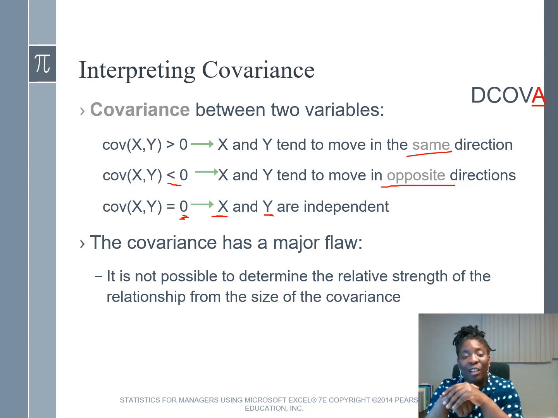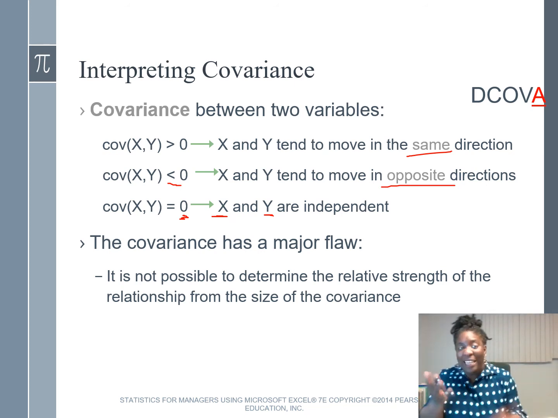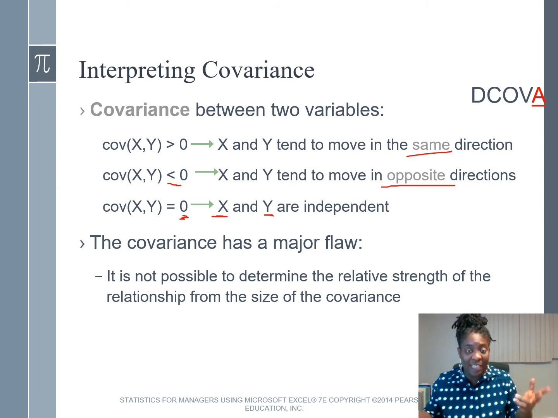You can only tell that one is positive, the other is negative, because covariance is amplified by the size of the underlying data. The larger the data, the larger the calculation of covariance you end up with. The smaller the data, the smaller the value of covariance you end up with. So it doesn't really tell you that one is stronger than the other. It just tells you that they move in the same direction.